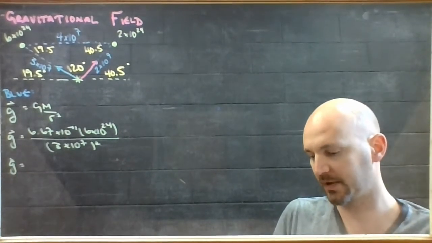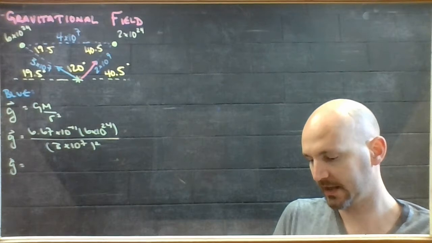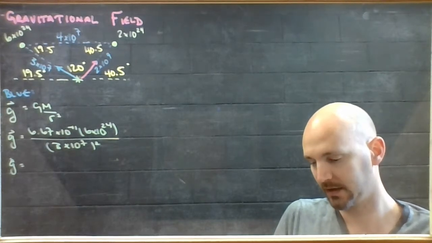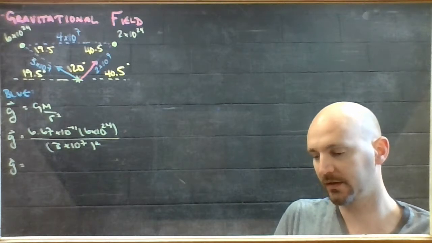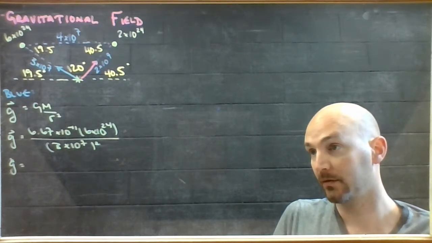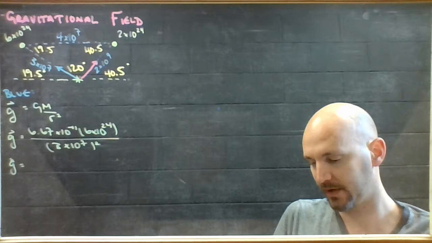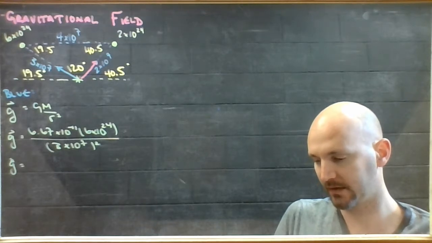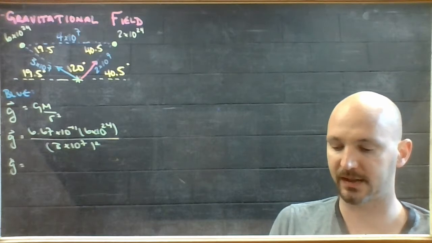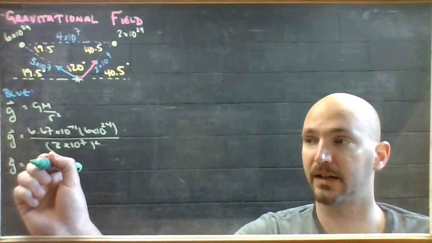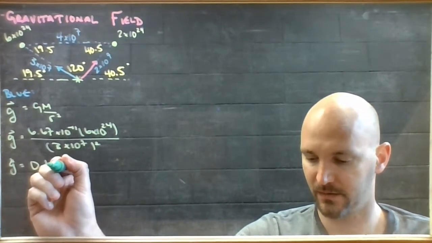So 6.67 times 10 to the negative 11 times 6 times 10 to the 24 divided by 3 times 10 to the 7 squared gives me 0.4446667. So I'm going to round that to 0.445.